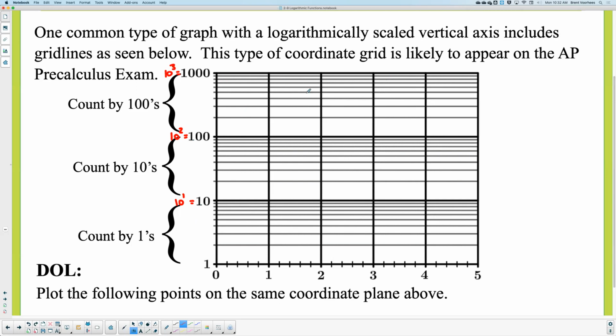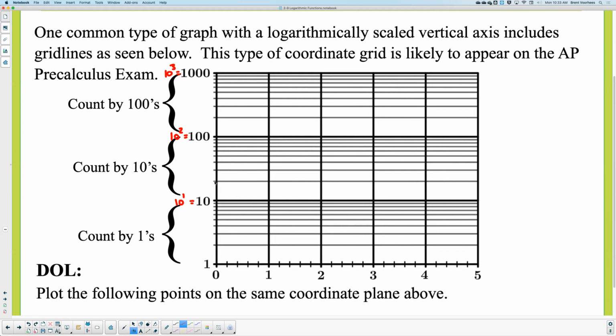Now within that, when they graph, oftentimes you'll see the lines like this. What they're trying to help you do is, once you get from here to here, you're counting by ones. So this would be 2, 3, 4, 5, 6, 7, 8, 9, and then we're at 10. But after you get to 10, it no longer counts by ones. It now counts by tens.